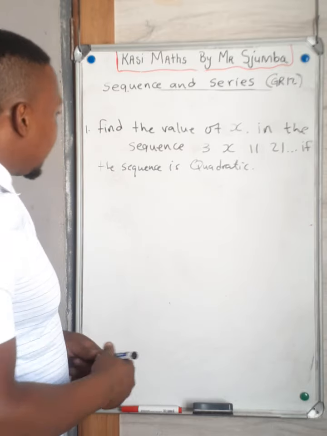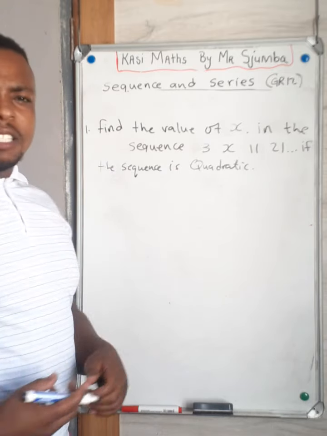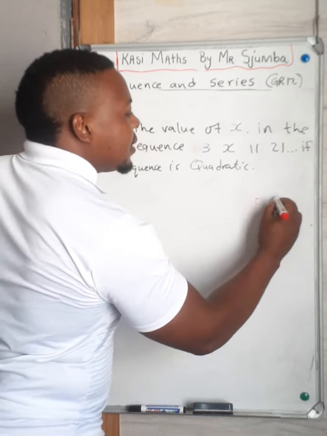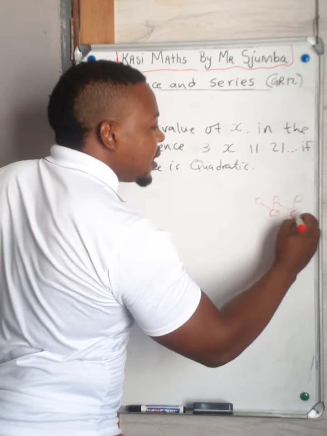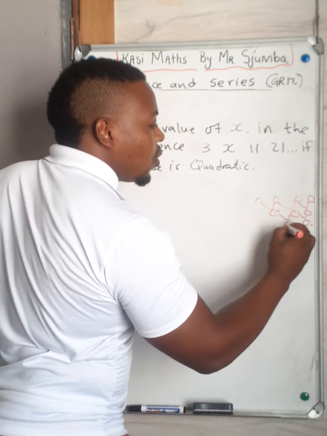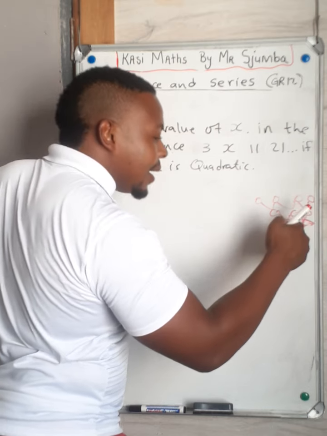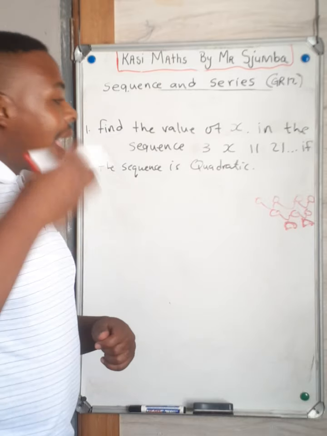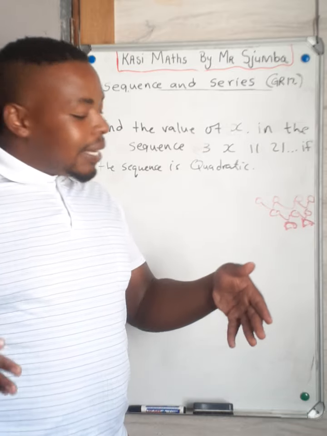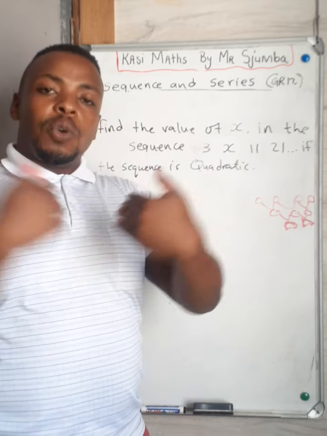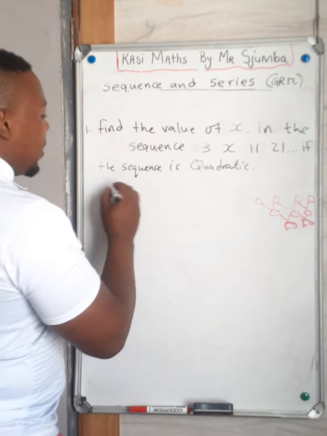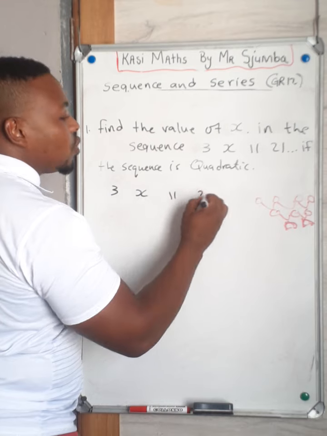Now if it's quadratic, we know that the second differences are equal. So if we can get our second differences, we can equate them, create an equation, and then solve it.